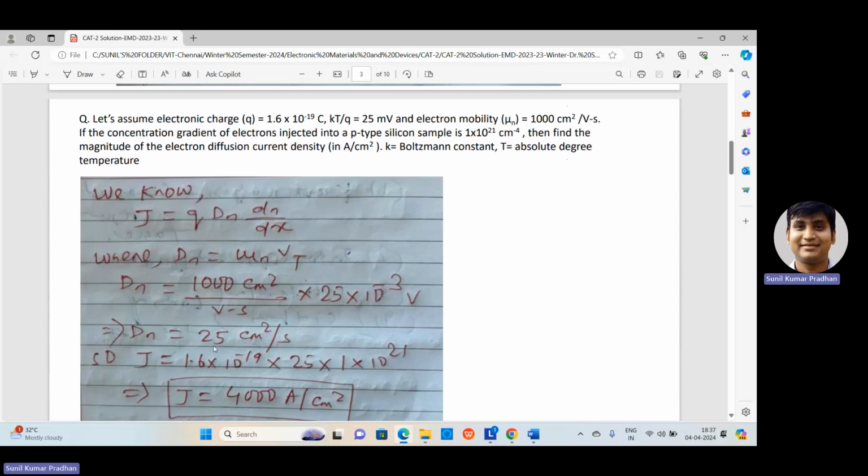Okay, so J will be q, nothing but 1.6 into 10 to the power minus 19 coulomb, that is electronic charge, and your diffusion coefficient is 25 centimeter square per second, and this concentration gradient of electron is 1 into 10 to the power 21 centimeter to the minus 4.